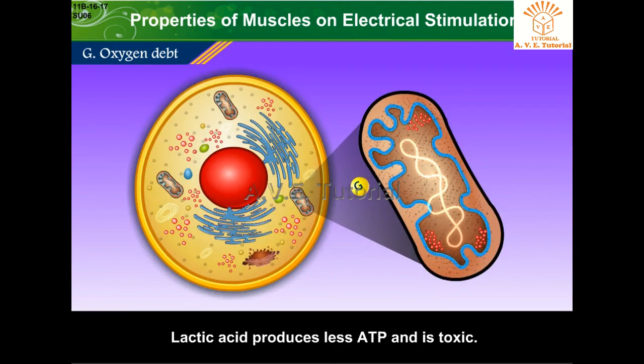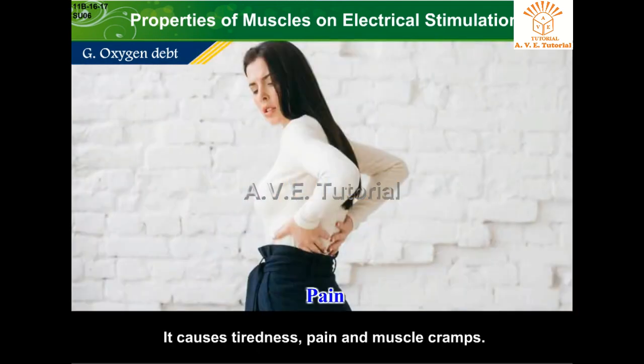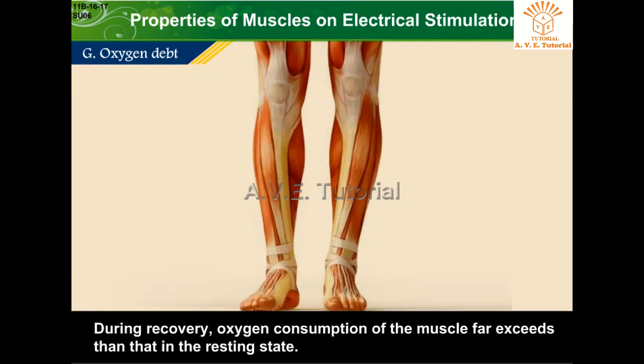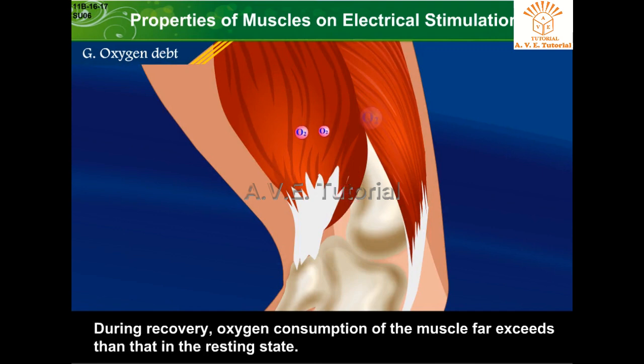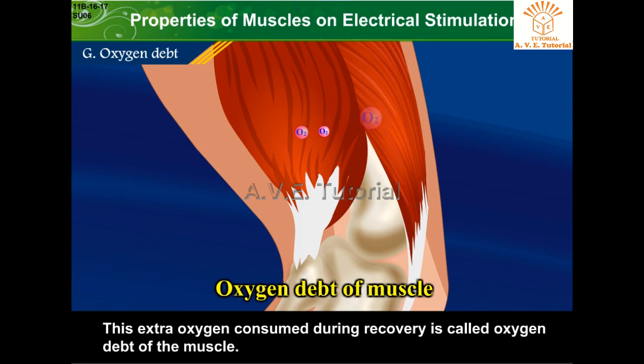Lactic acid produces less ATP and is toxic. It causes tiredness, pain, and muscle cramps. During recovery, oxygen consumption of the muscle far exceeds that in the resting state. This extra oxygen consumed during recovery is called the oxygen debt of the muscle.